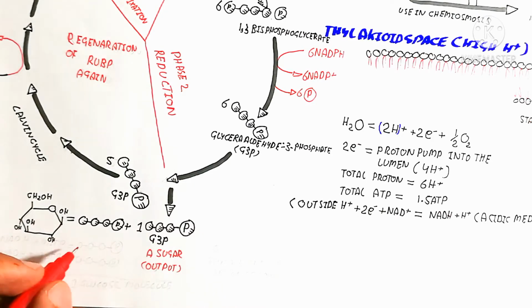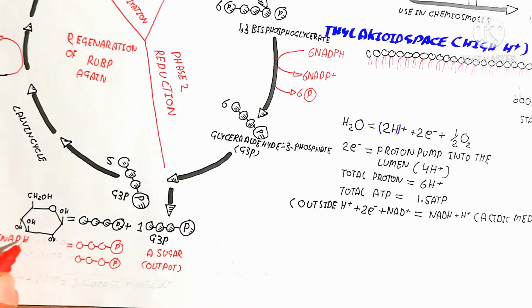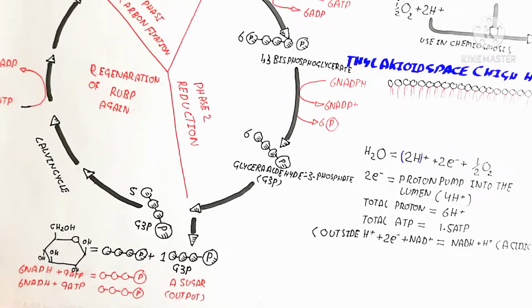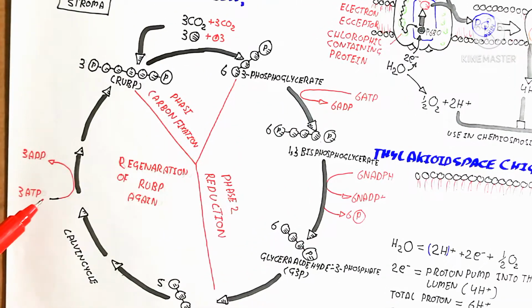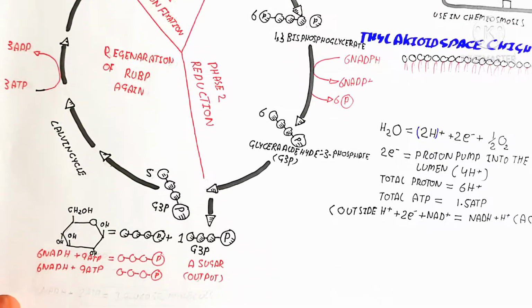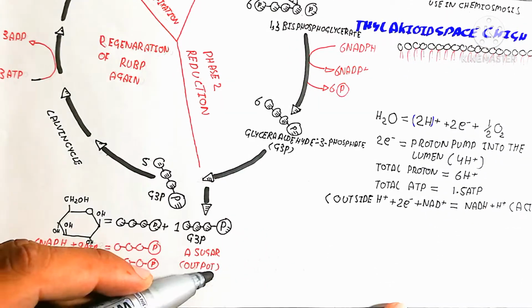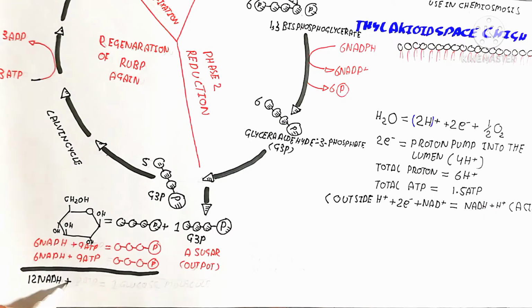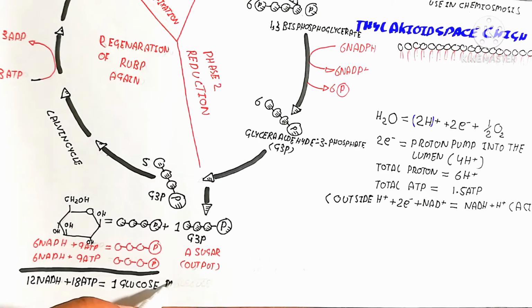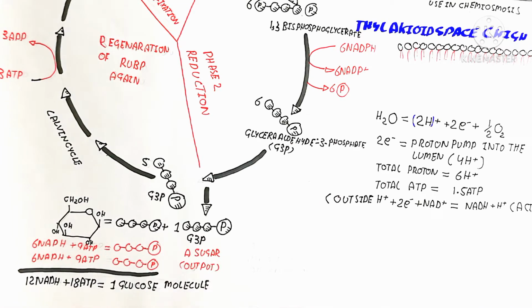Sugar is the molecule that is used as energy in our body as well as in the plant. So first of all, here 3 molecules of ATP are used, and 9 total will be used, and 6 NADPH are used to produce 1 G3P.